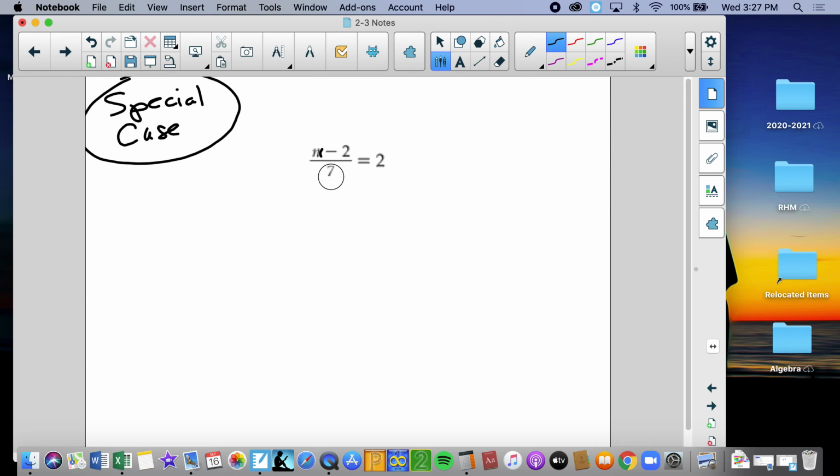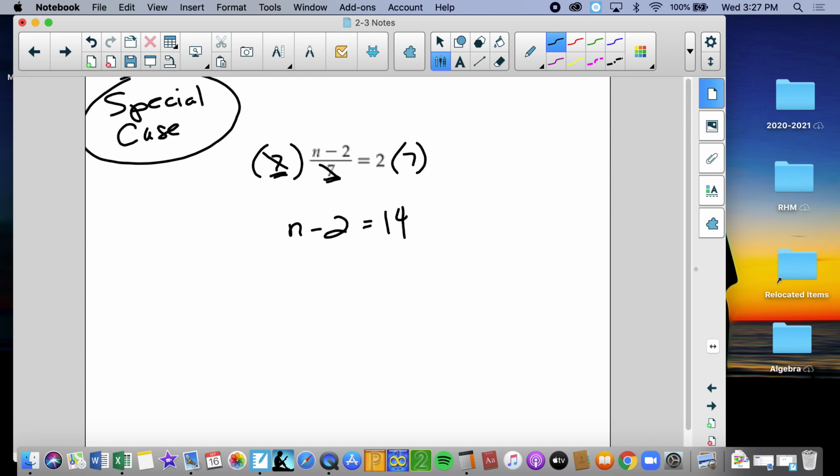So in these problems, we have to get rid of the dividing by 7. How do we get rid of dividing by 7? By multiplying by 7. So if we multiply both sides by 7, these cancel. 7 in the numerator, 7 in the denominator. You're left with n minus 2 equals 14.